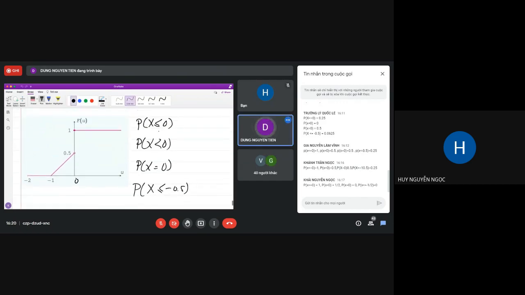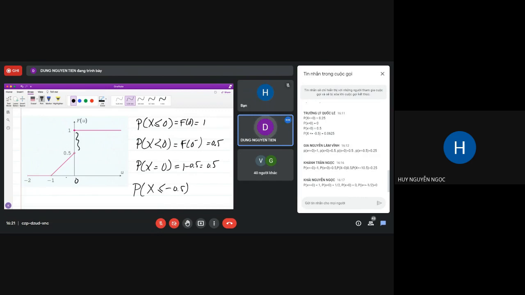So you can see that this probability is F of 0, and that is 1. For the probability that x is less than 0, it is F of 0 minus, the left limit at 0, and you get 0.5, right? And then the probability that x equals 0 should be the jump at the point 0, and you get 1 minus 0.5, which is 0.5.